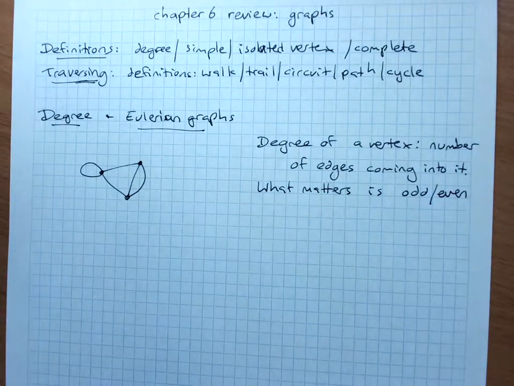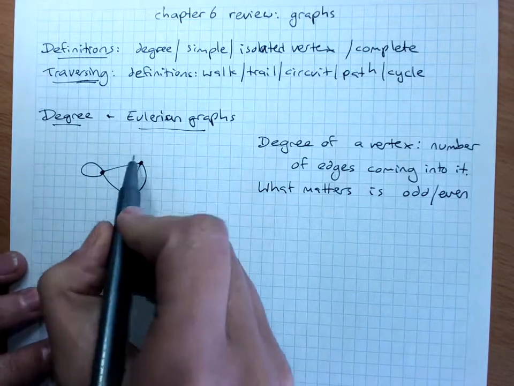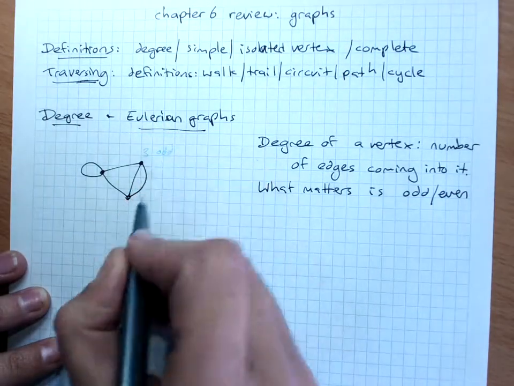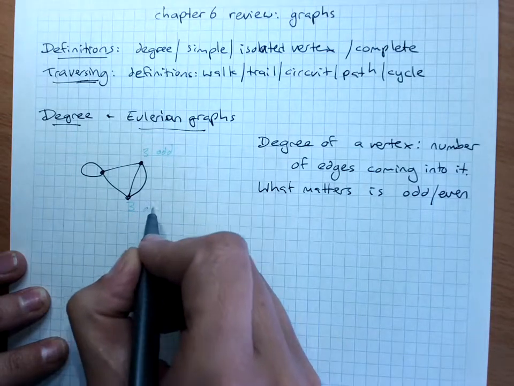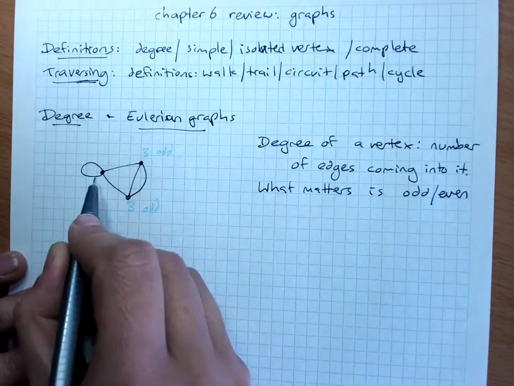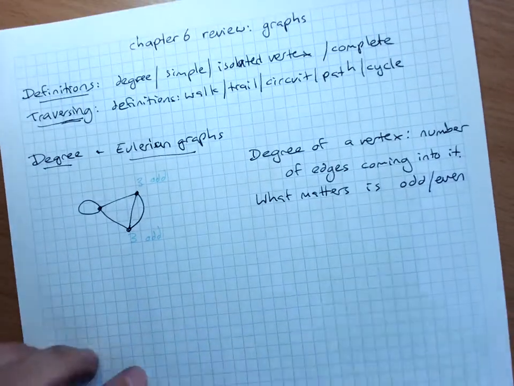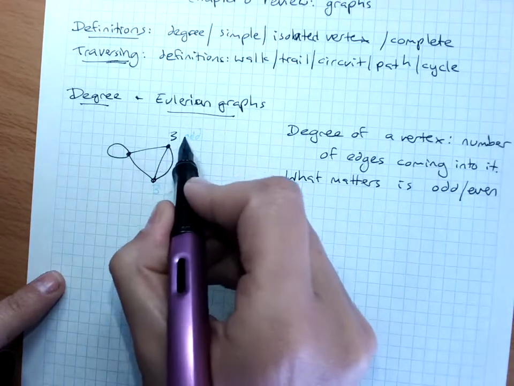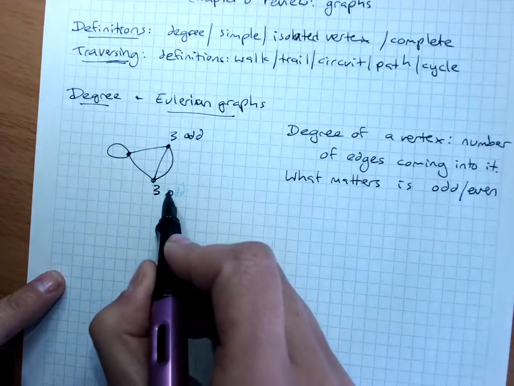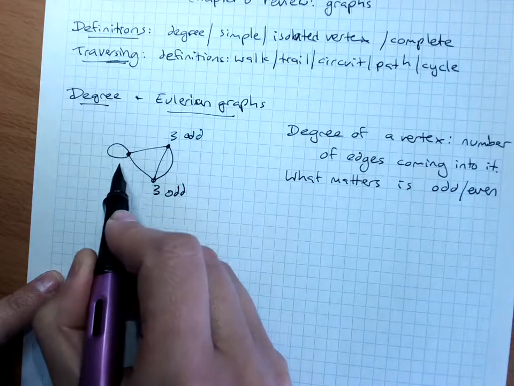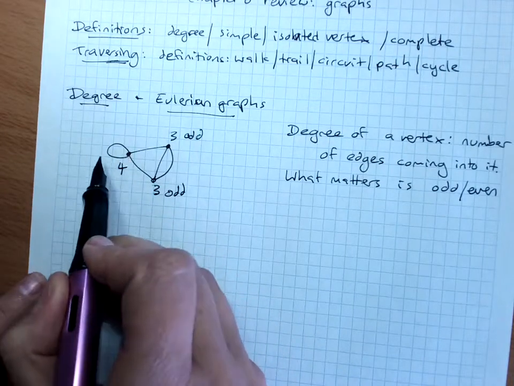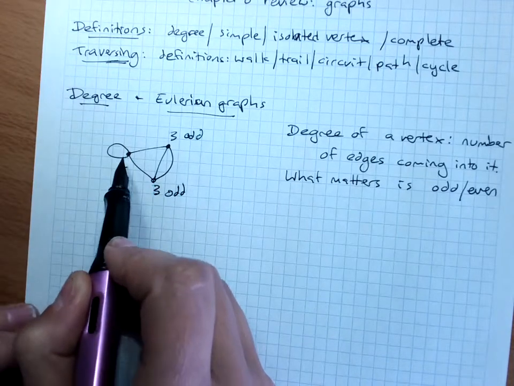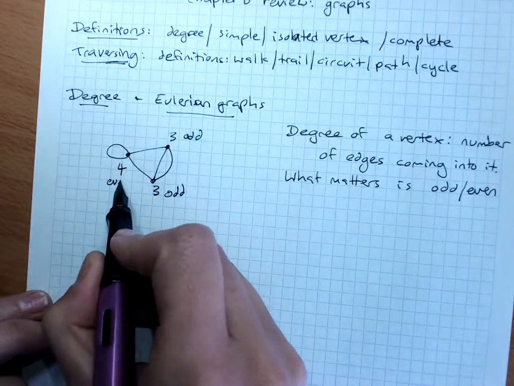So on this little graph here, this is odd with a degree of 3. This is odd with a degree of 3. This is even. Sorry, that's a really dodgy pen. 3, odd. This one's 4. I know the loop is only one edge, but there's 2 edges coming into the vertex, so that's even.